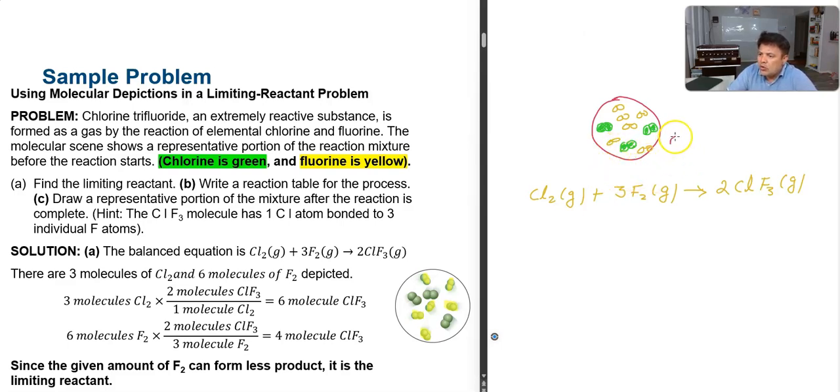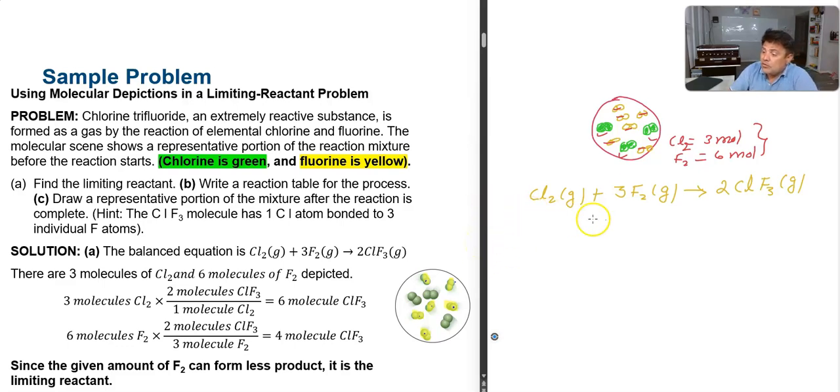You have chlorine, Cl2, equals 3 mole, 3 molecules: 1, 2, 3, and fluorine is equal to 6: 1, 2, 3, 4, 5, 6. You can count here. So fluorine F2 equals 6 mole. This is your scenario in your reaction beaker.